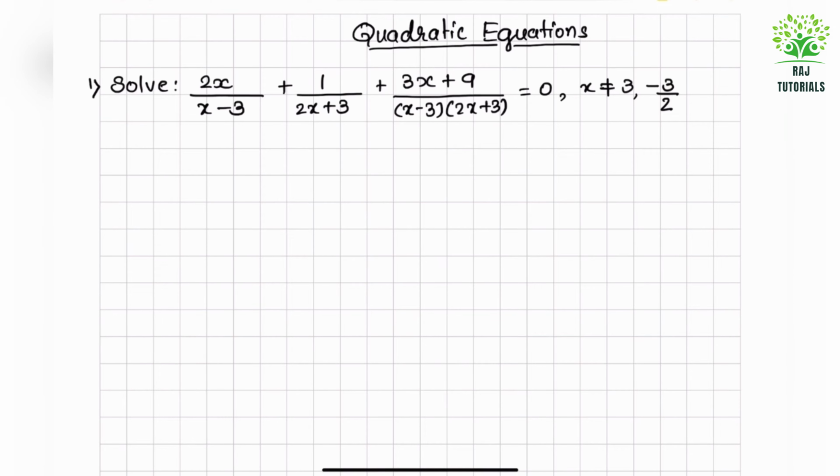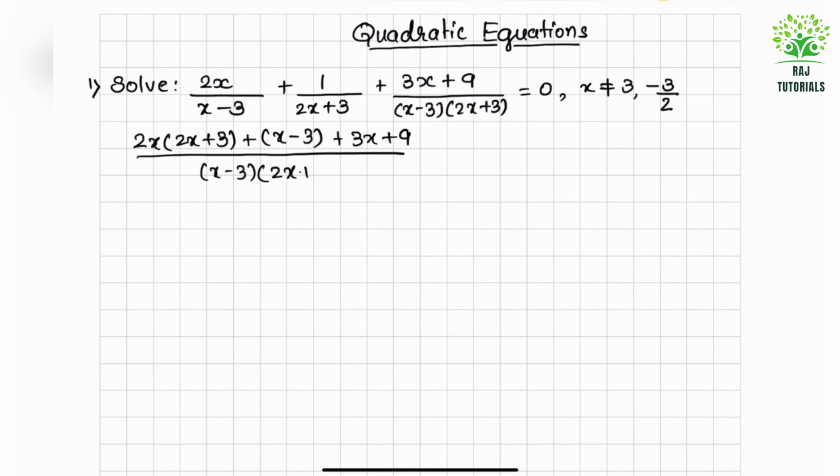Equal to 3 and minus 3 by 2. Now doing LCM on the LHS side, I will have 2x into 2x plus 3 plus x minus 3 plus 3x plus 9 whole upon x minus 3 into 2x plus 3 equal to 0.